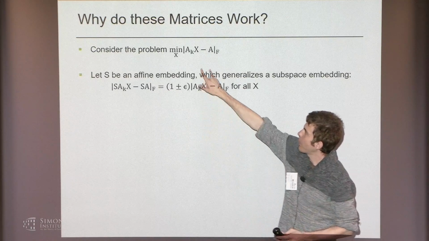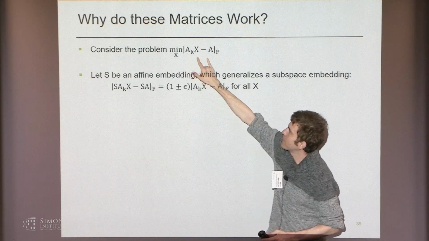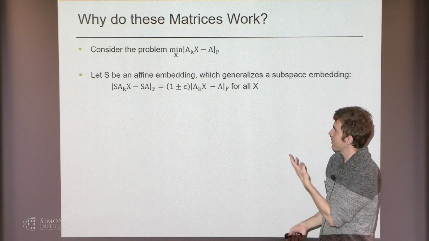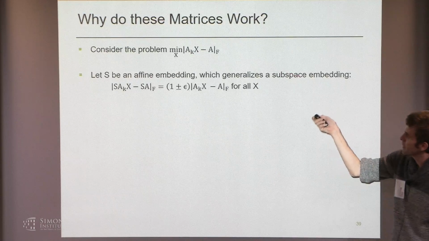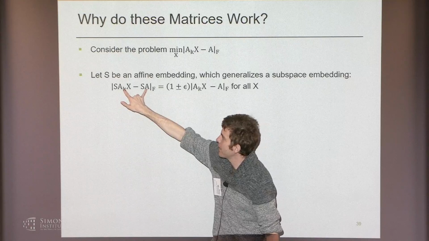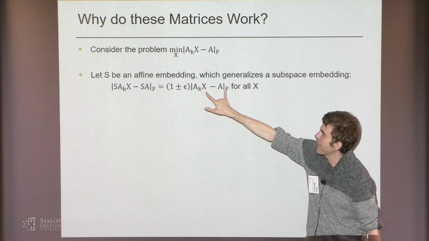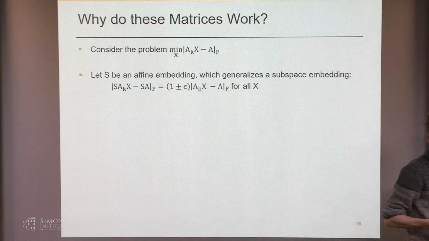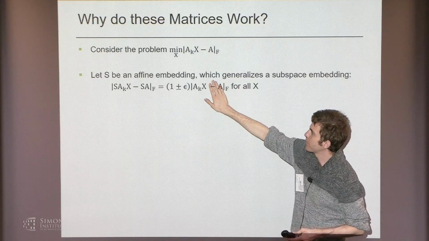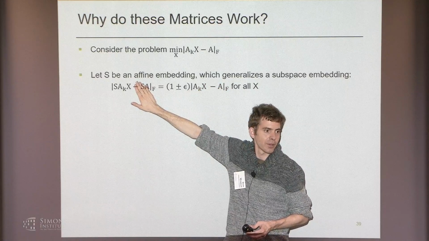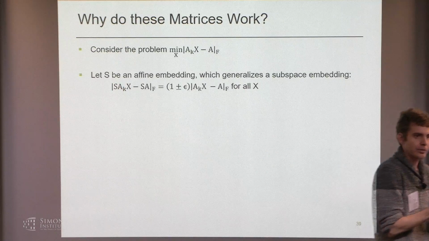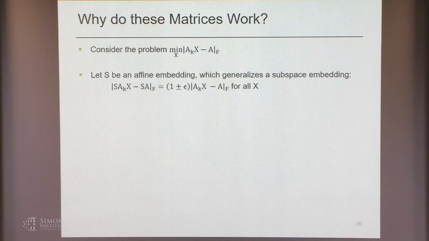So I'm going to look at the column span of A_k, but it's going to be shifted by this matrix A. What you can show is that there's a generalization of a subspace embedding called an affine embedding, so that the norm of SA_kX minus SA is 1 plus or minus epsilon times the norm of A_kX minus A, for all matrices X. Without the A here, this would just be a subspace embedding property, because A_k has rank k, and the size of a sketch to preserve a rank k space is poly k over epsilon.